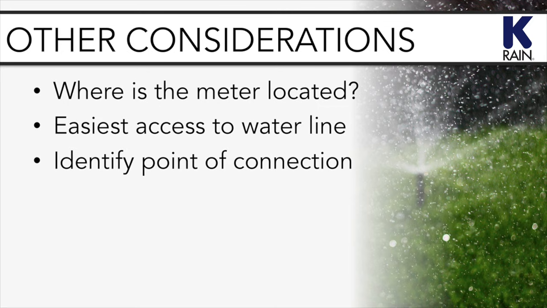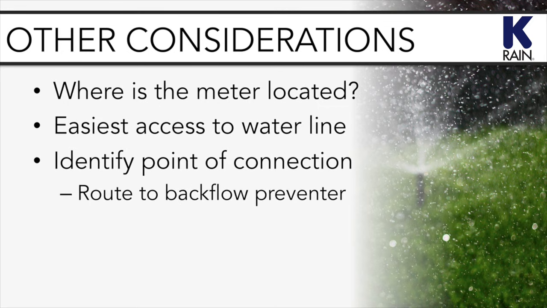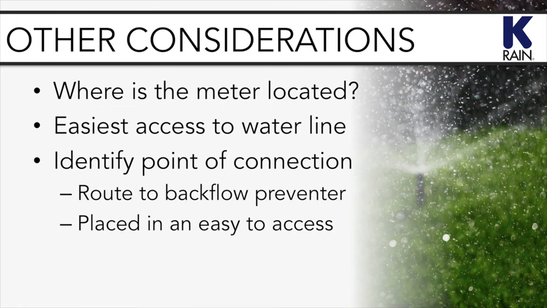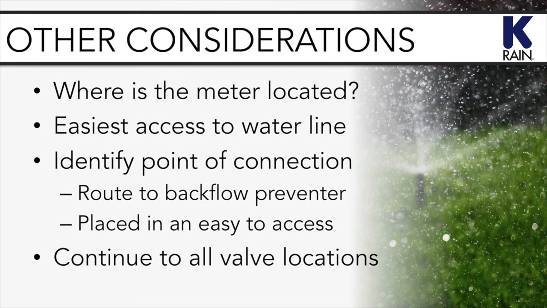Identify the point of connection on your plan and then route this pipe to the location of the backflow preventer. The backflow preventer should be placed in an easy to access place for testing and maintenance purposes, but that is still out of view, like behind a tree or a shrub. It's pretty common. The main line then continues around the property to reach all valve locations.